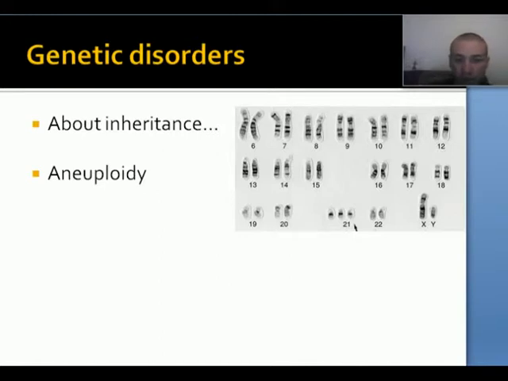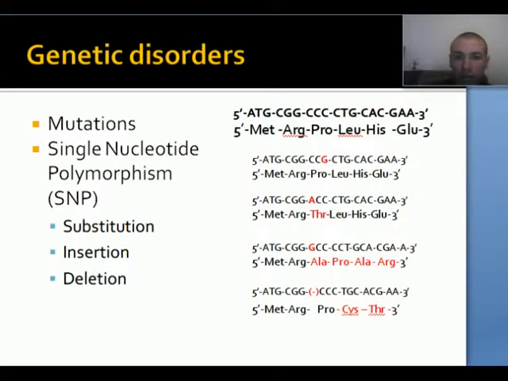However, what is the difference between a mutation and a polymorphism? Let's see. A mutation is defined as any change in the DNA sequence away from normal. This implies there is a normal variation or allele.